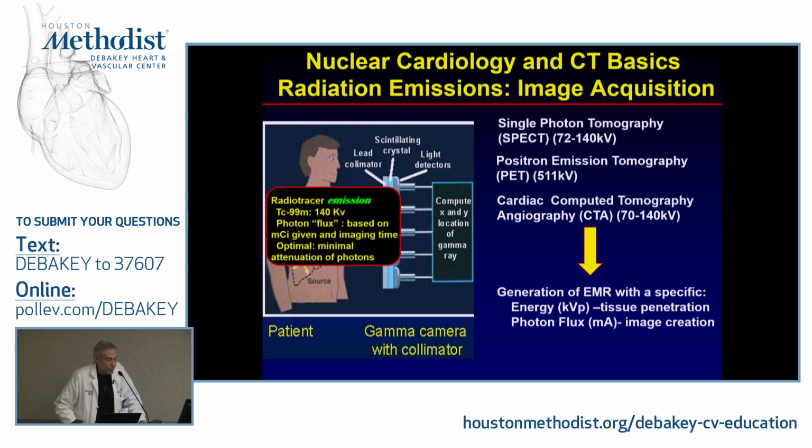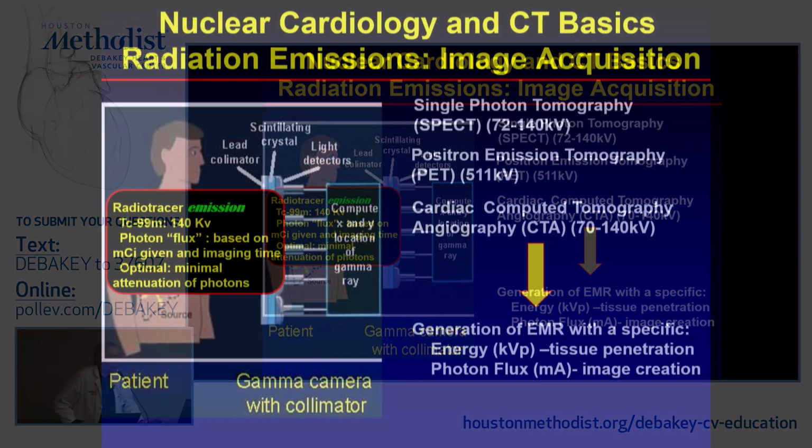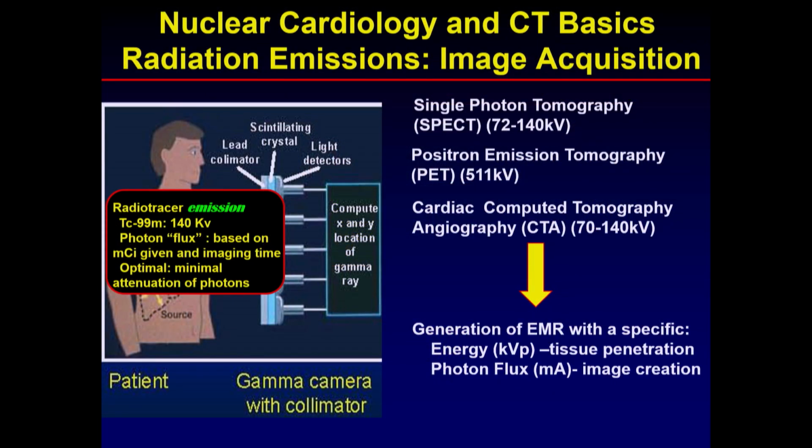So what happens is a radio tracer is put in the body, it's emitted, and then this is detected by the camera system. And again, the most important thing with these emission type studies is you acquire enough photons to really have an adequate quality image. So the number of photons is critical to the image quality that you get, okay?